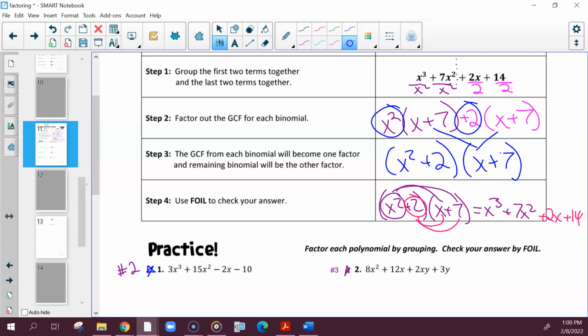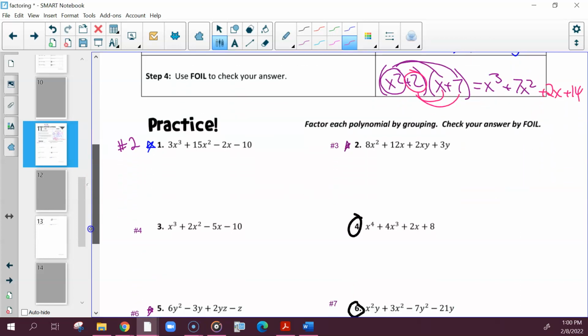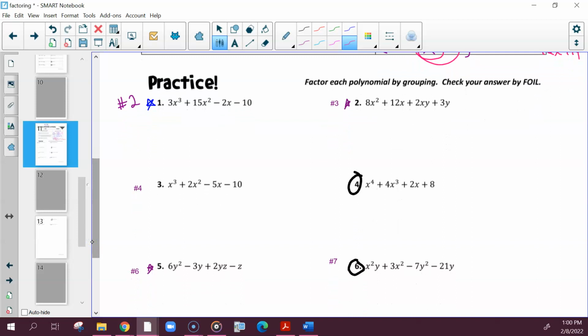Does anyone still need this before I scroll down? Okay. We're just going to do some of these together, then I'm going to let you try the others. Starting with number 1.